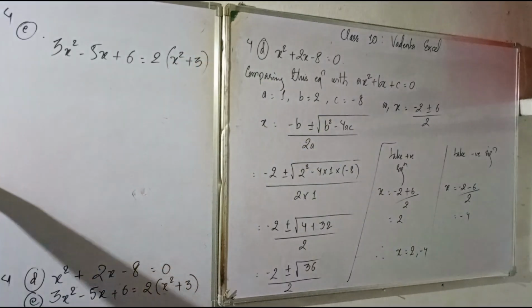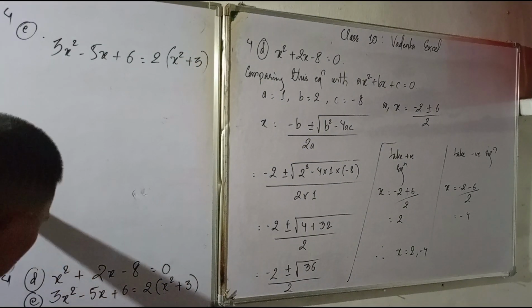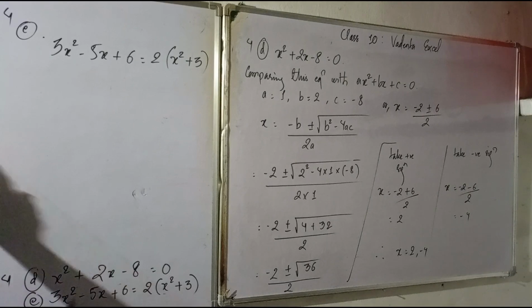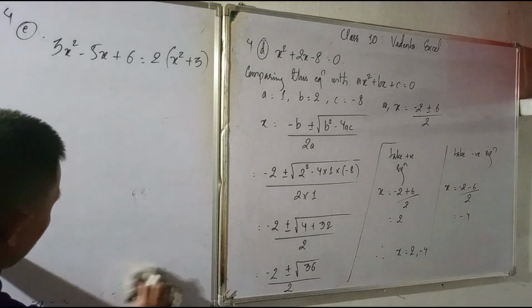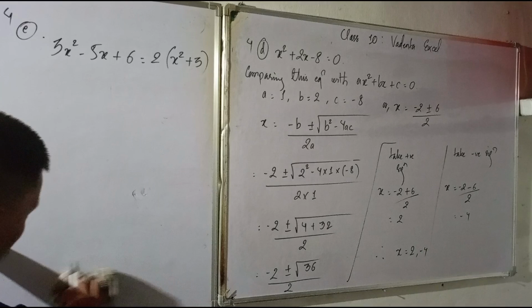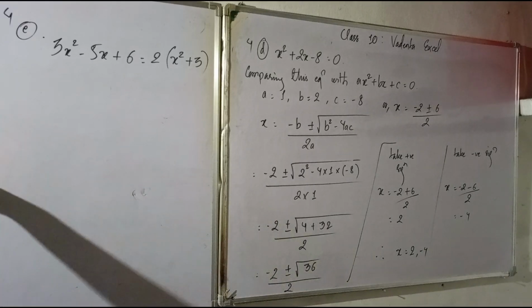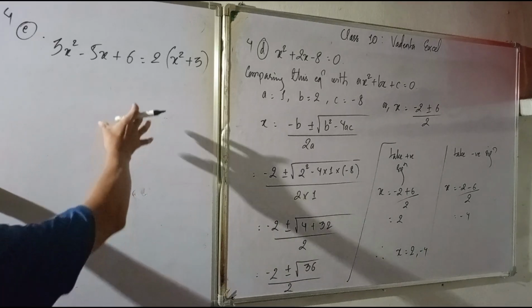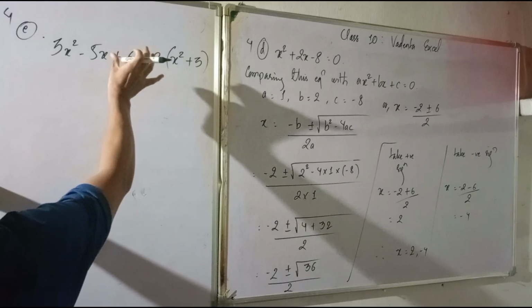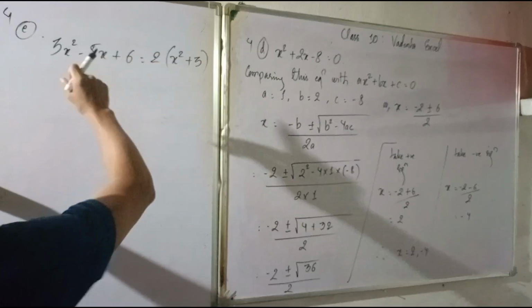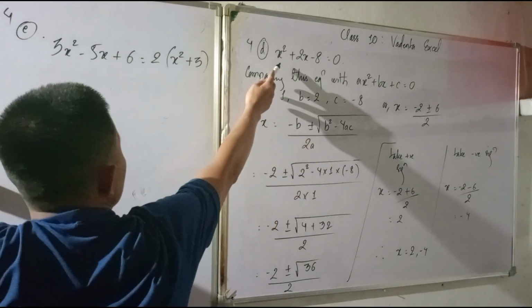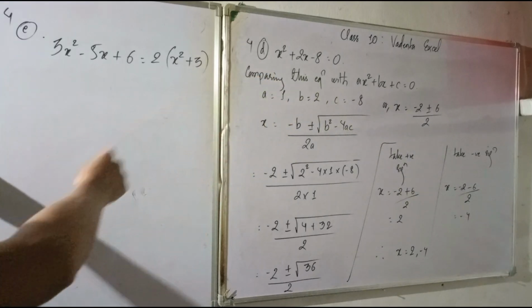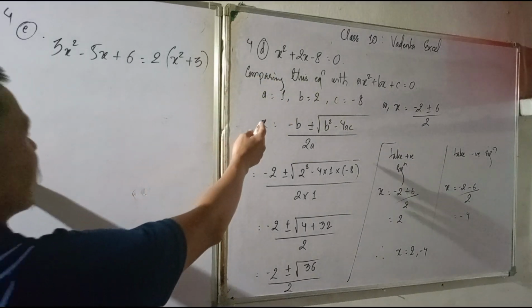For E we have 3x squared minus 5x plus 6 times 6 is equal to 2 times x squared plus 3. This one is, what we call, the equation.